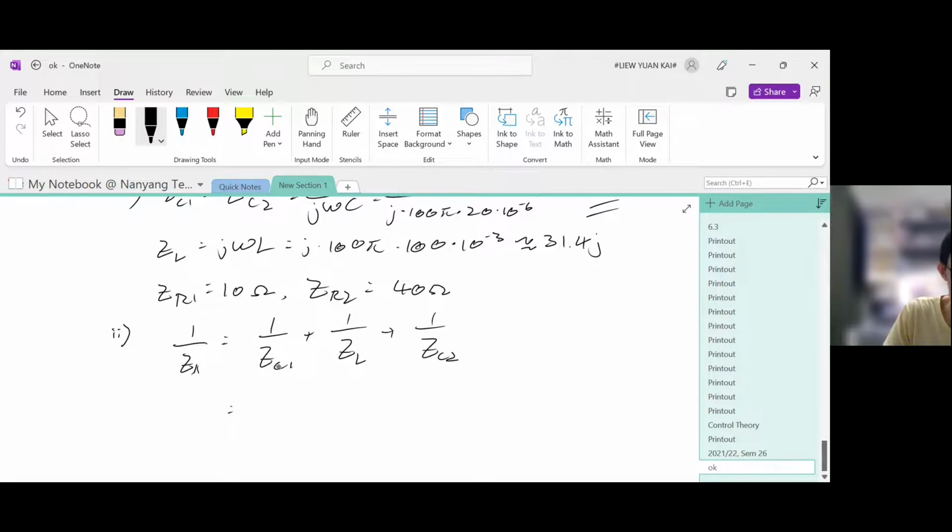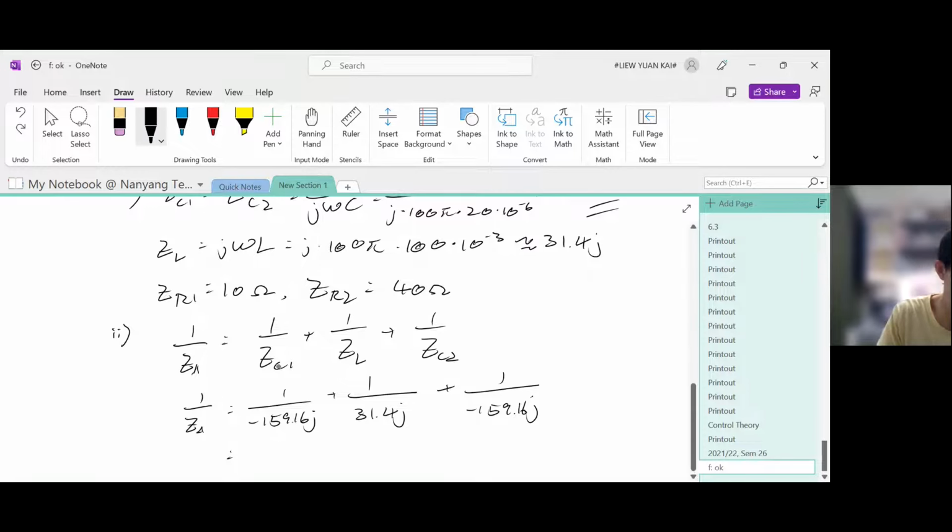So this is 1 over negative 159.16 J plus 1 over 31.4 J plus 1 over negative 159.16 J. Punch this whole thing into your calculator and you should get negative 0.019265 J for 1 over ZA.